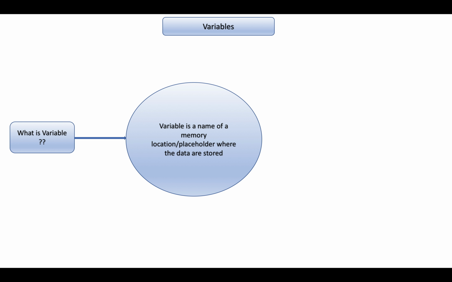You have to store 5 in a place and 2 in a place, different places. The name of each of them where it is stored is called a variable.